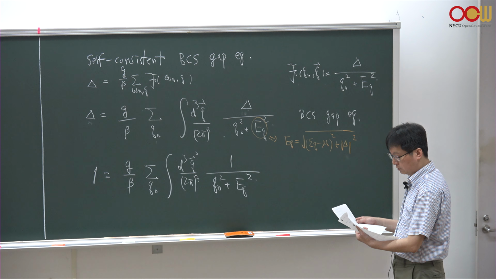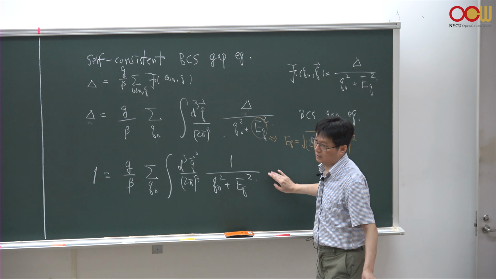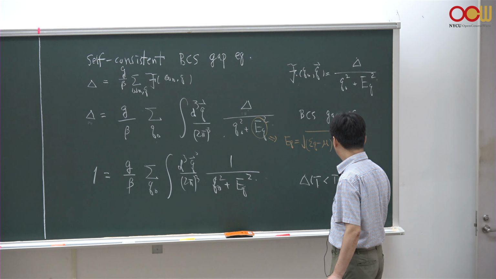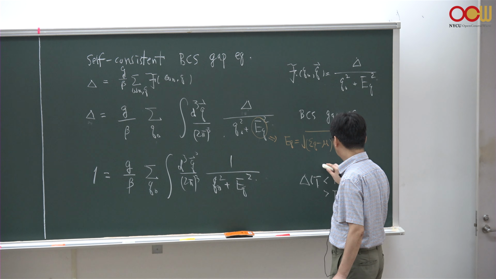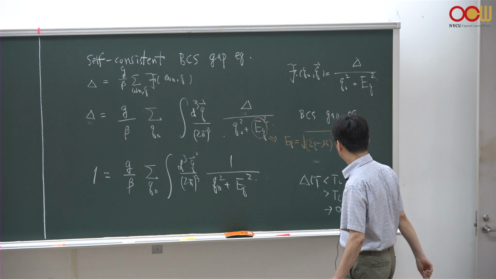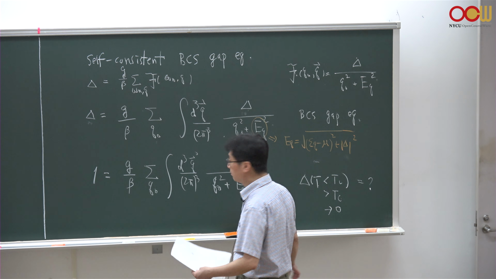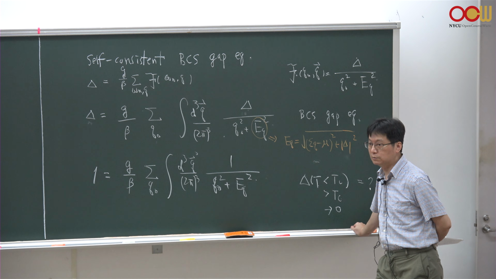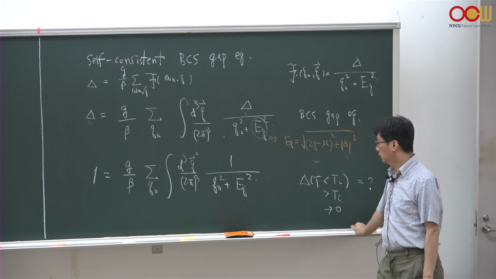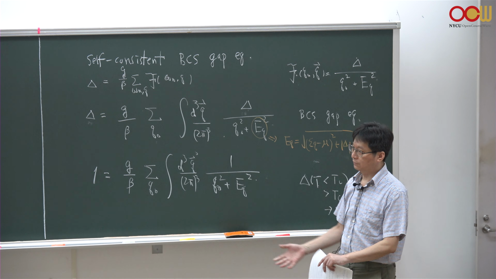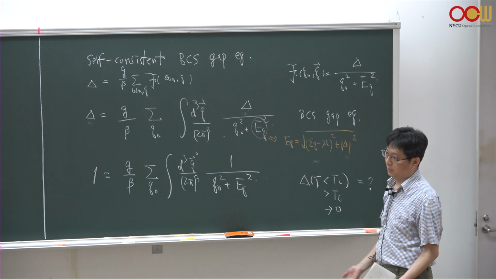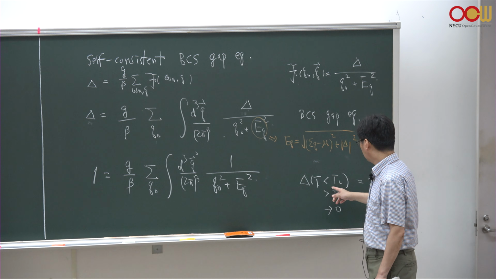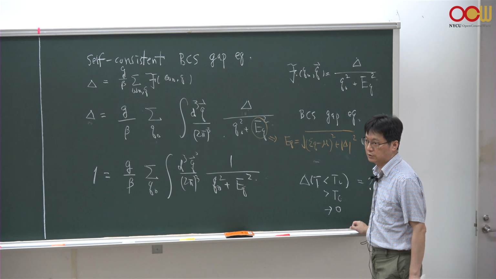Next, we will try to solve this BCS gap equation and look for the gap as a function of temperature, both below and above Tc, or when temperature approaches 0. By the way, we have determined this Tc already from the Cooper instability. Remember, when this Cooper instability happens, this ladder diagram diverges because the denominator becomes 0, and the condition that the denominator vanishes is precisely when temperature hits this Tc.